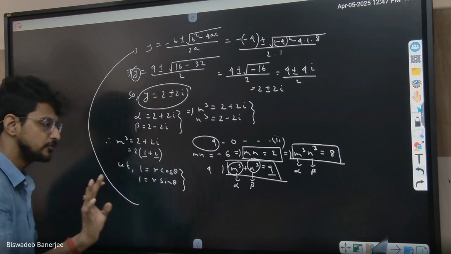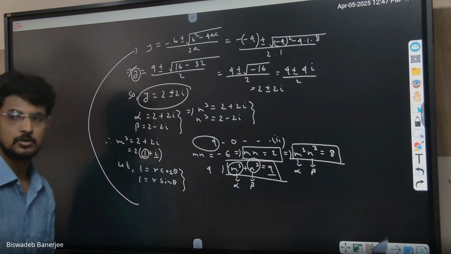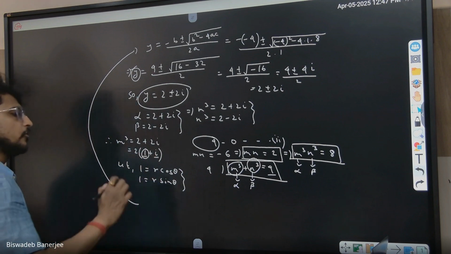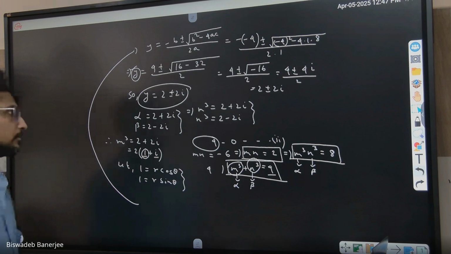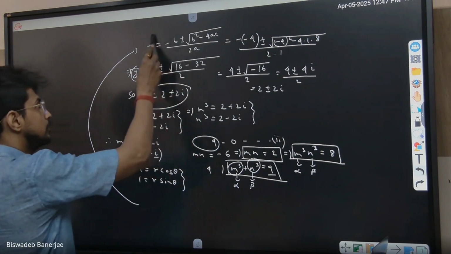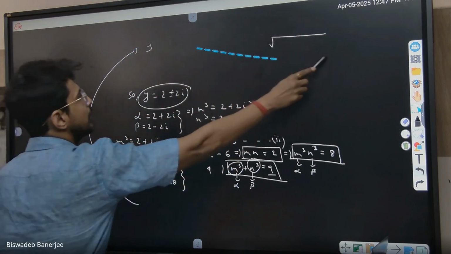This is always true. Always take the real part as r cos theta and the imaginary part as r sin theta. There is no other rule.